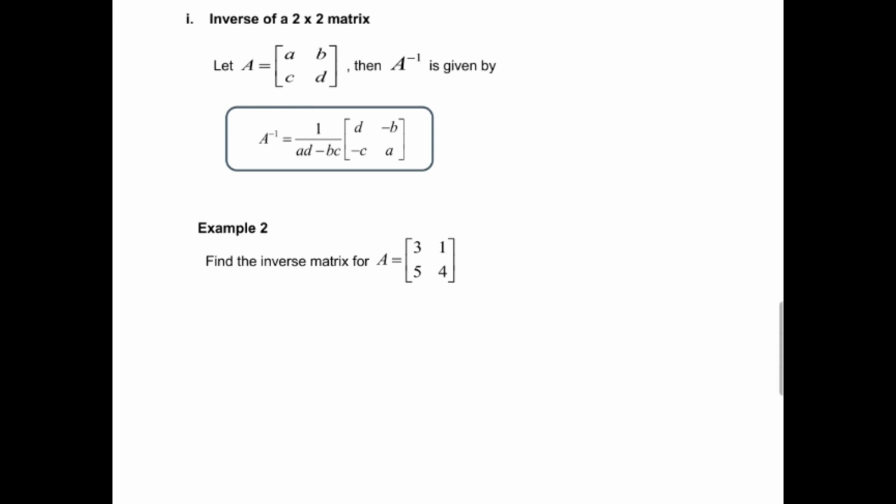Alright, for finding the inverse of a 2 by 2 matrix, let's say capital A is a 2 by 2 matrix, a, b, c, d. Then A inverse is given by the formula 1 over ad minus bc times, at row 1, d, negative b, and row 2, negative c and a.